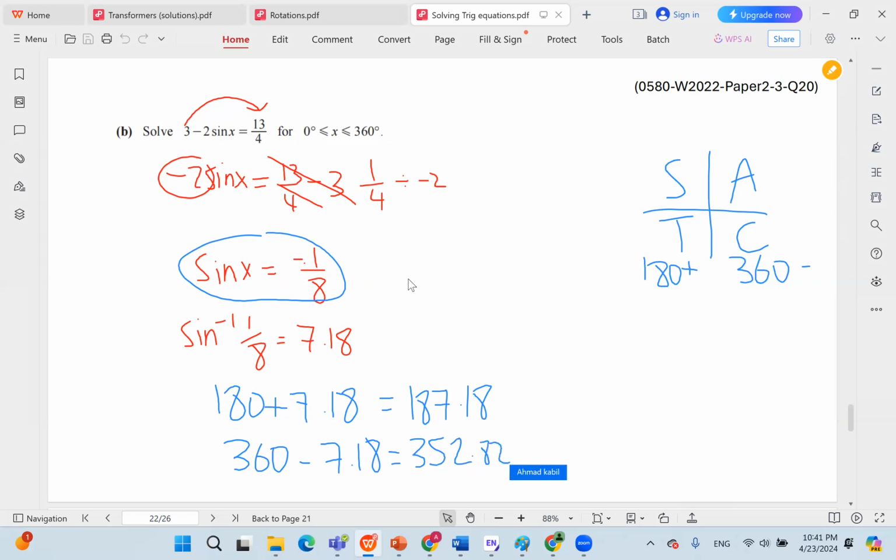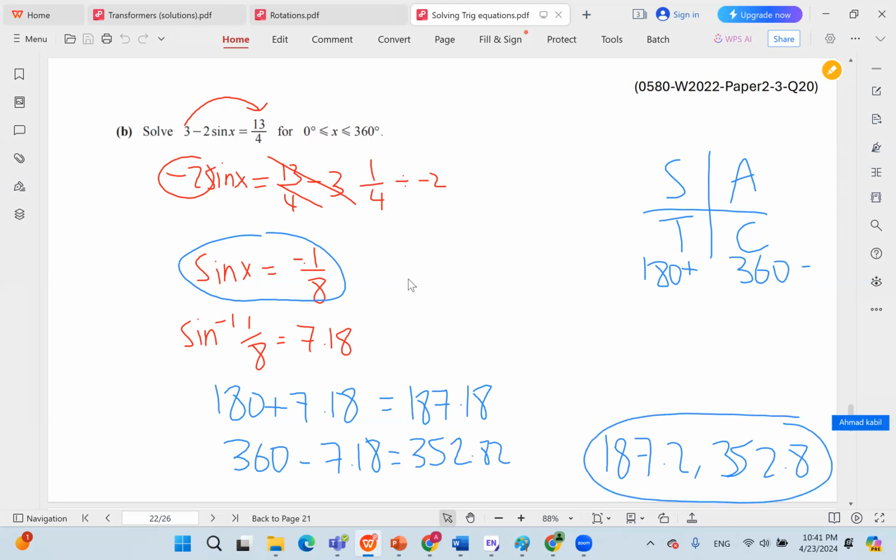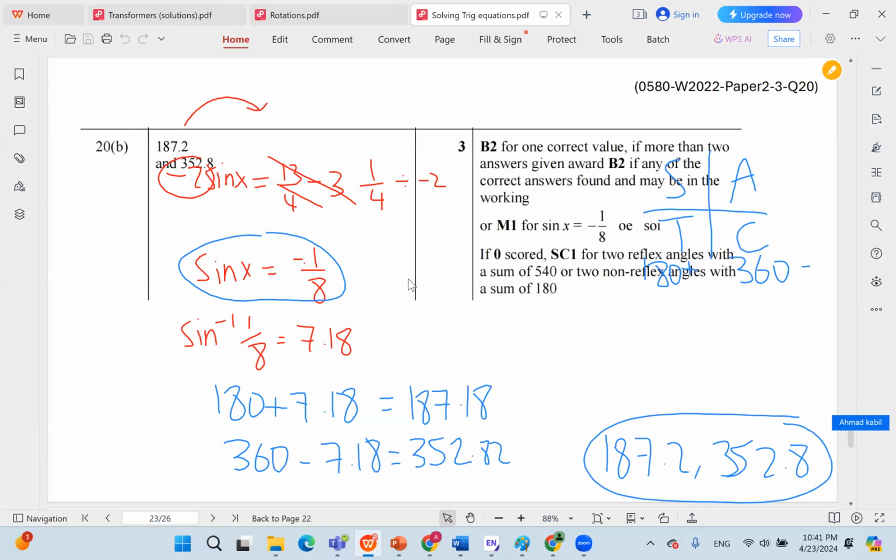Now, we can write these values correct to one decimal place, that would be sufficient. So 187.2 and 352.8. These are our final answers. 187.2 and 352.8 are the correct answers here.